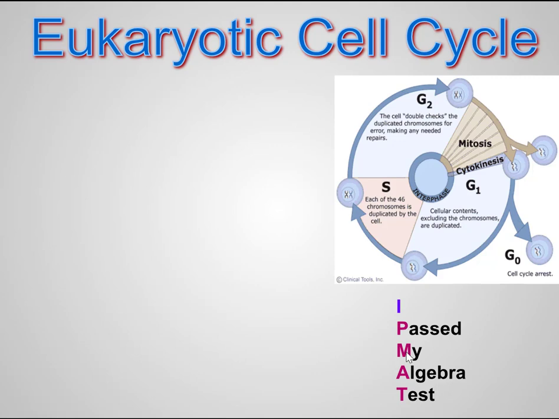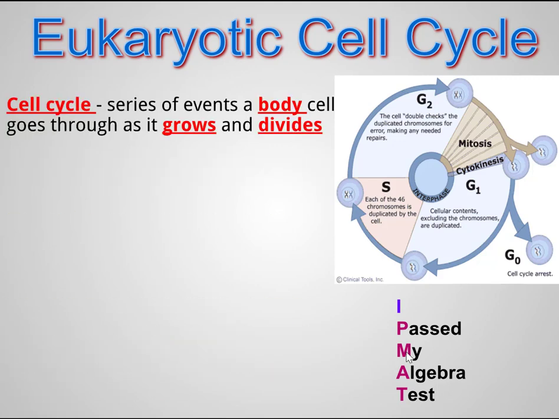So when we talk about the eukaryotic cell cycle, the cell cycle itself is a whole series of events that allows our cells to grow and divide. We said in the previous lecture that our cells do need to grow a little bit in order to accommodate for doubling everything. But then the big part is that it's going to divide. Now, this is going to happen in somatic cells.